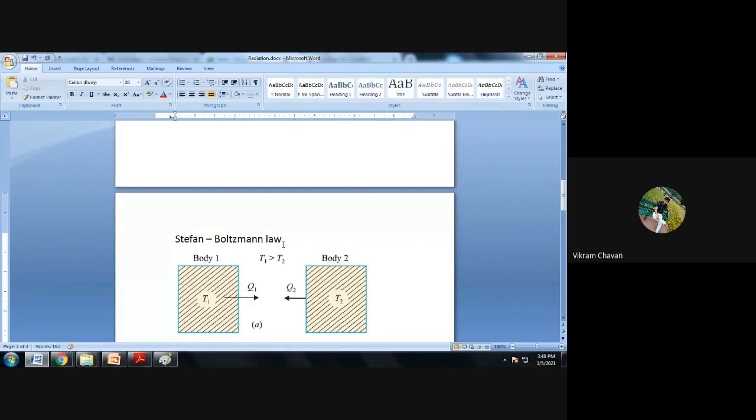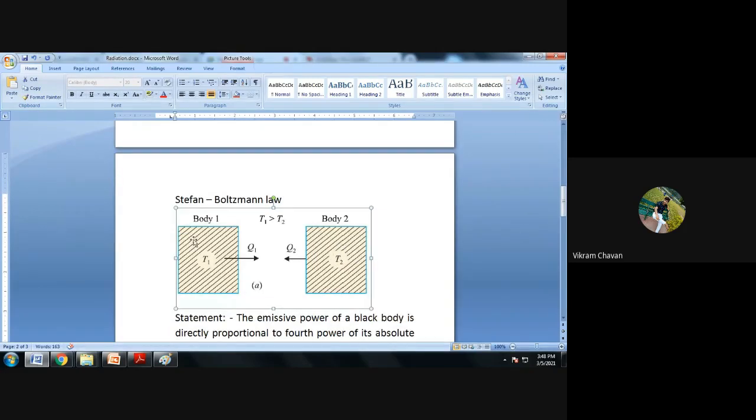Now here in the Stefan-Boltzmann law, we are going to consider two bodies. As we have discussed, one is a hot body and the other is a cold body. Body 1 temperature is T1, whereas body 2 temperature is T2.